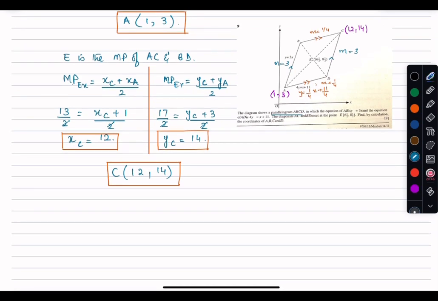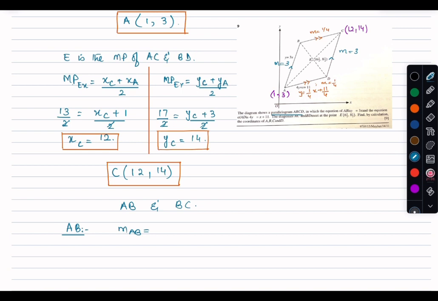So B is the intersection point of AB and BC. If I solve for the line equation AB, I know the gradient.